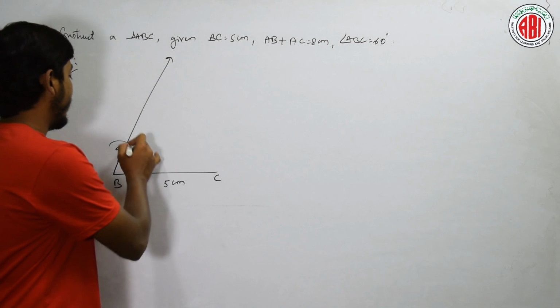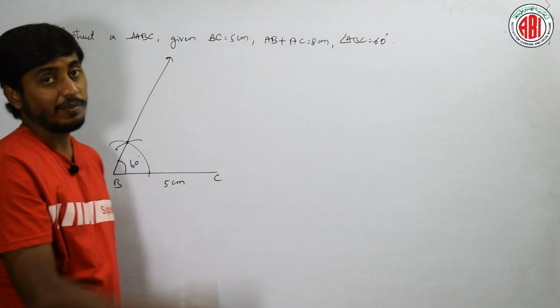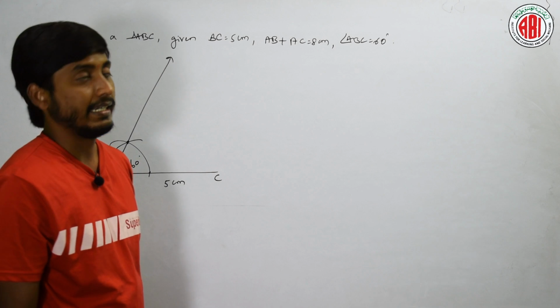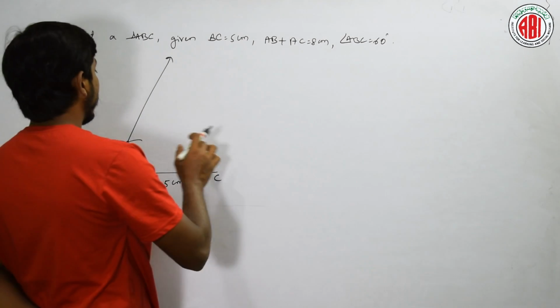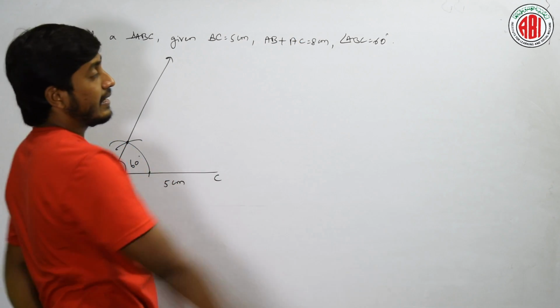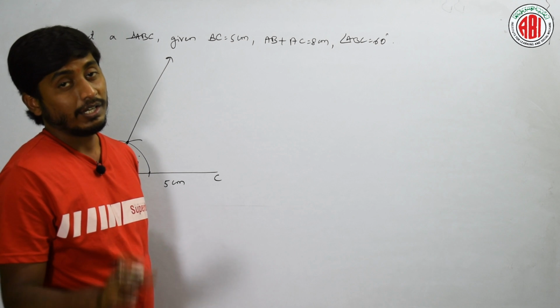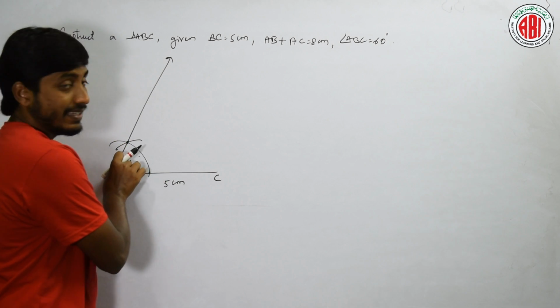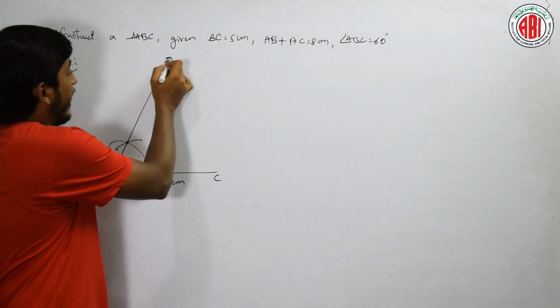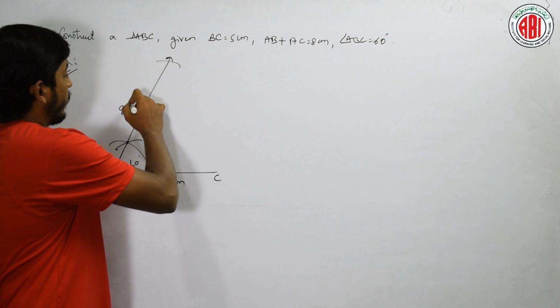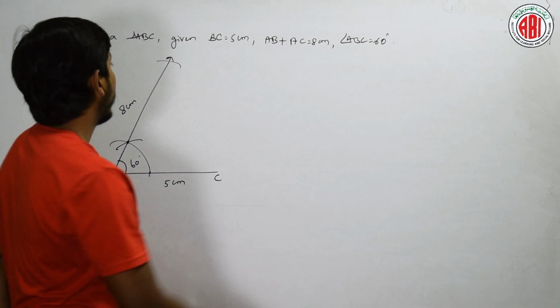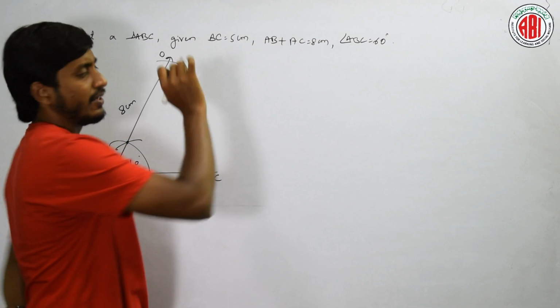Wherever the point joins, that will be at 60, isn't it? Fine. Next, now AB plus AC is given as 8 centimeters. Do one thing, with this B as center, draw an arc of 8 centimeters. Let us say this point is O.